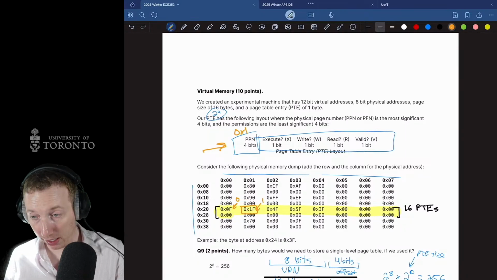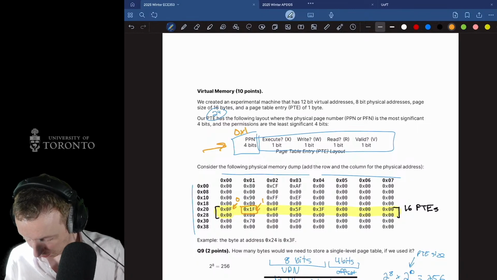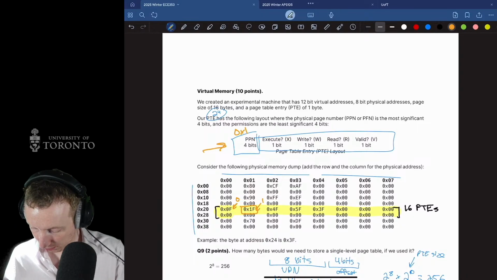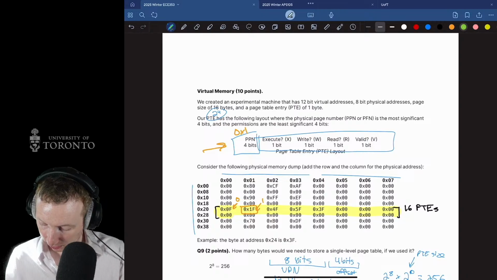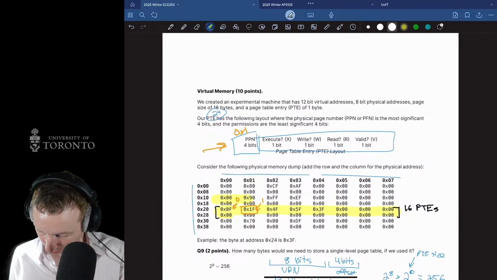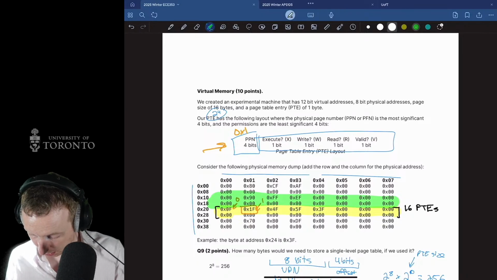So that tells us it's valid, so we're using physical page 1 as our L0 page table, which would be, let's use a different color, these 16 bytes, which is page 1.